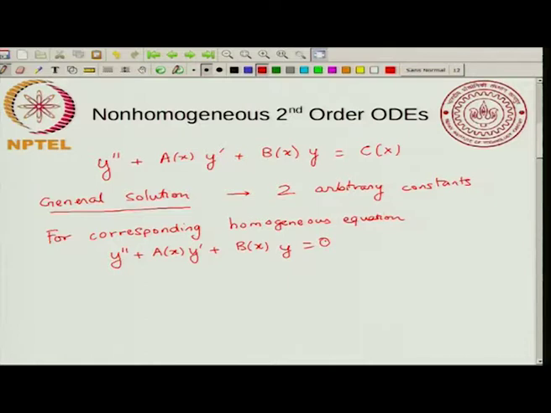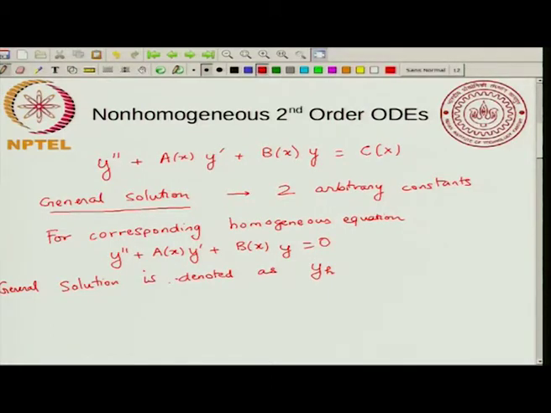For this homogeneous equation, the general solution is denoted as y h of x, or simply y h.